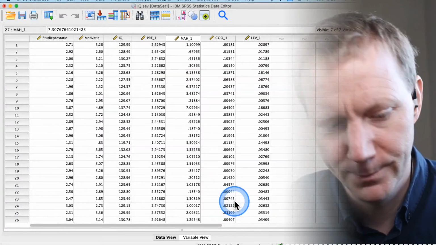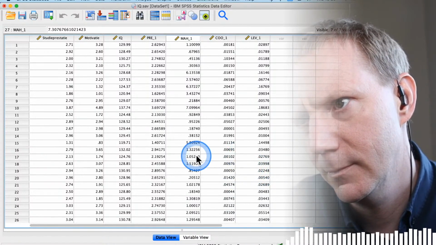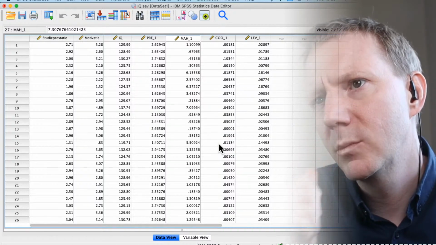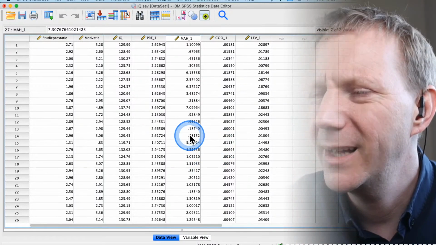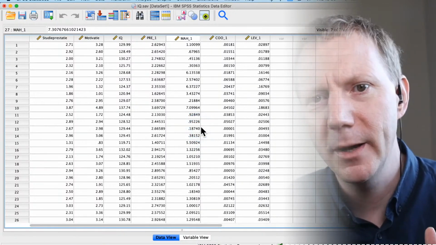So would it be possible to spot this person in a scatter plot or something? Yeah, probably. But it depends. If it's really a big outlier, you would see it right away.